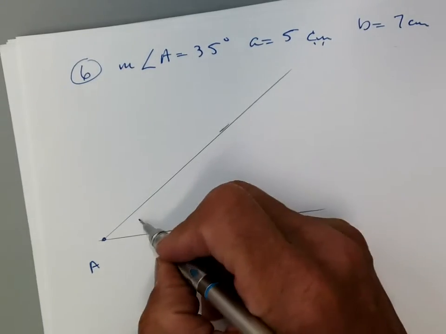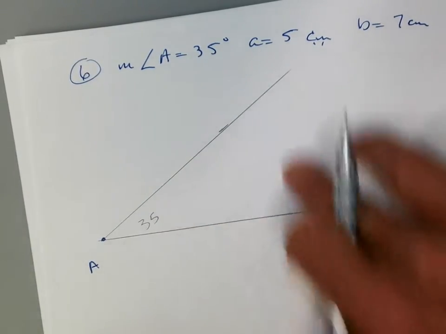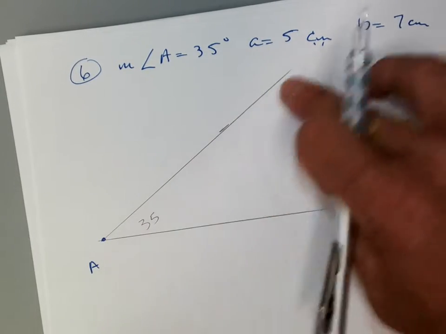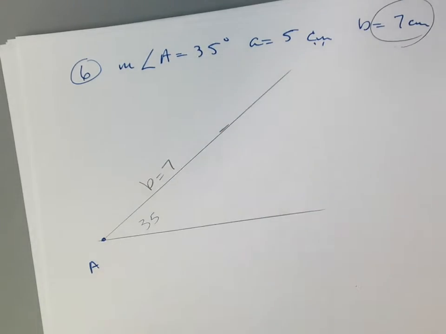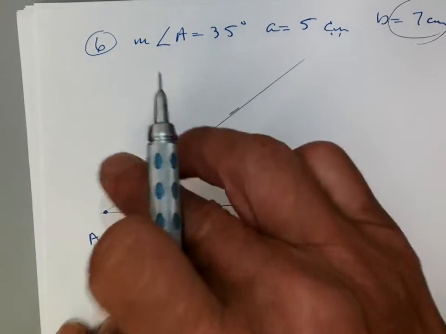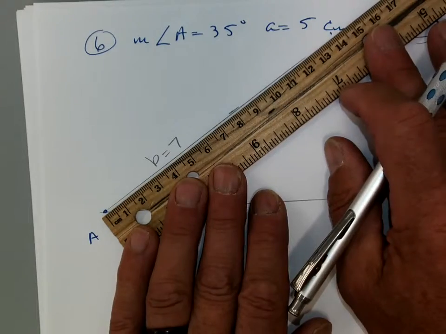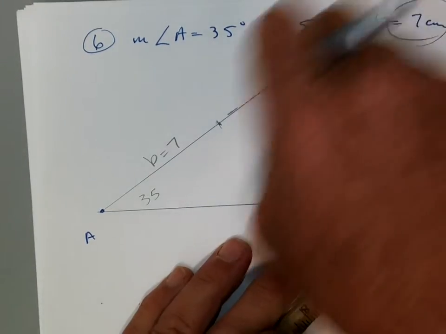Keep in mind that side A has got to be over here somewhere. Where does it attach? I don't know unless I give it a length. So I'm going to draw little b here of 7. And by doing that, I'll locate where I should put side A. So if I make this 7 centimeters, right there, and I can erase all the excess, okay?